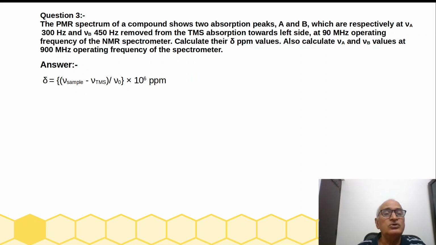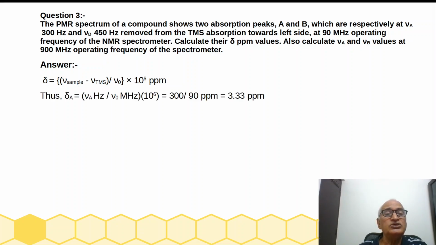Delta is equal to frequency for the sample peak minus frequency for the TMS peak divided by operating frequency of the machine in megahertz converted to hertz. Then this whole is multiplied by the exponential factor 10 to the power 6. Now we have introduced one inaccuracy because we have multiplied it by 10 to the power 6. So to get rid of this inaccuracy, we say ppm. ppm means multiply by 10 to the power minus 6.